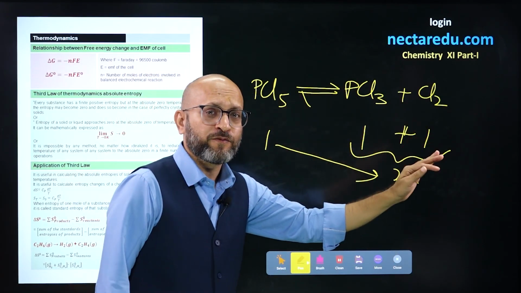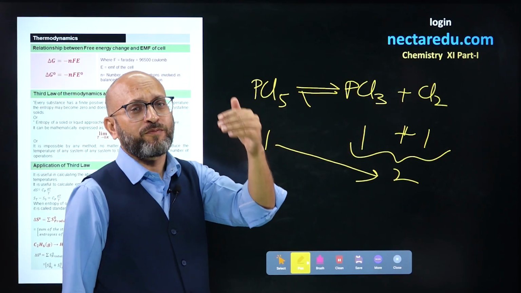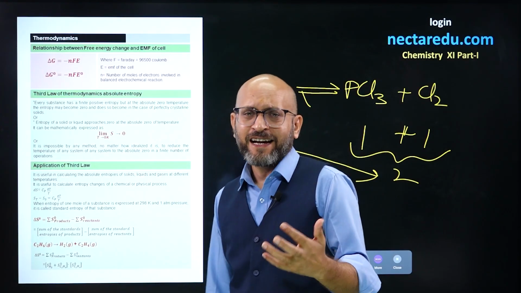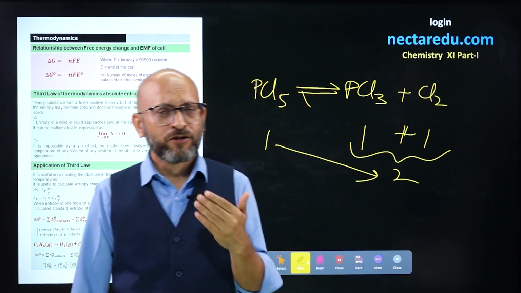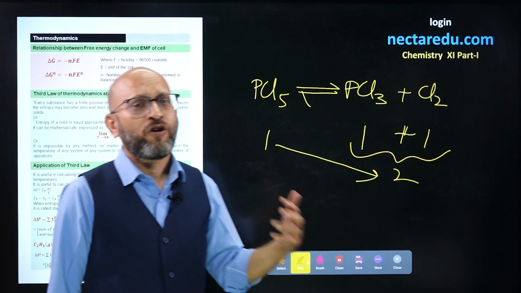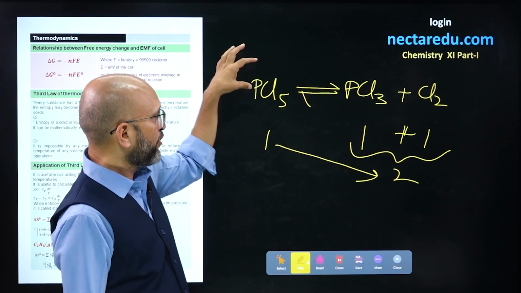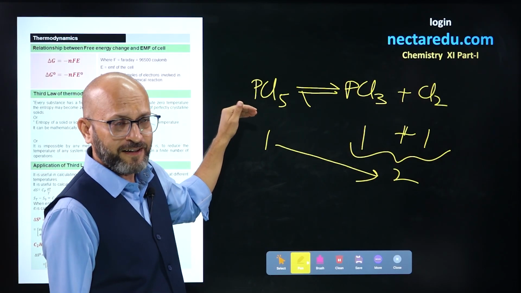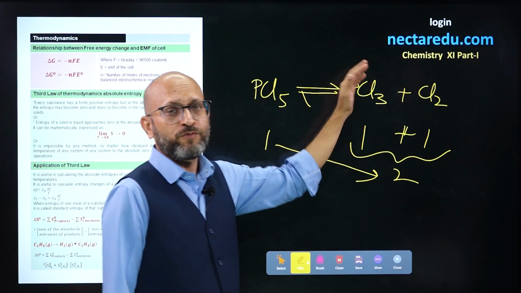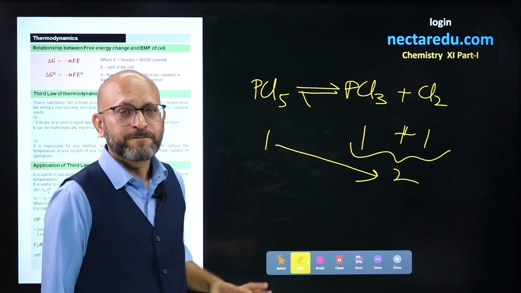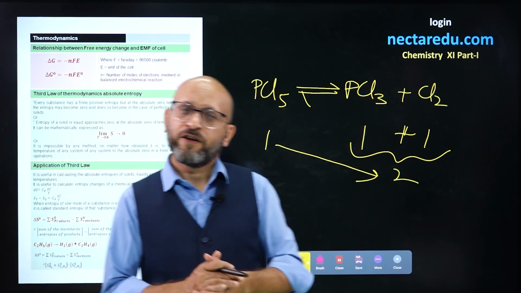If product side gaseous moles are less, then entropy is decreasing. This is the easiest trick I told you to understand whether entropy is increasing or decreasing in a particular reaction. So in this reaction entropy is increasing because you have one gaseous mole here and 1 plus 1, 2 moles here. So the number of gaseous moles increases, so entropy does increase. That is what we have for now.